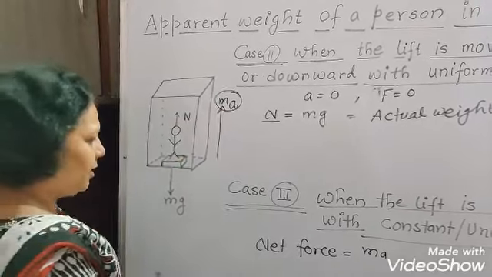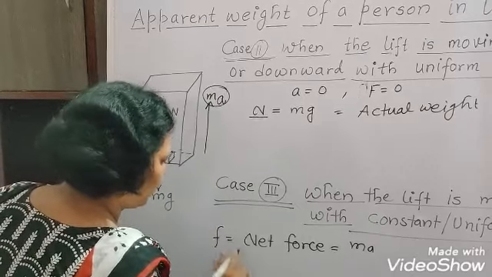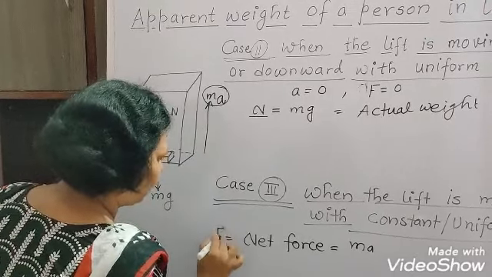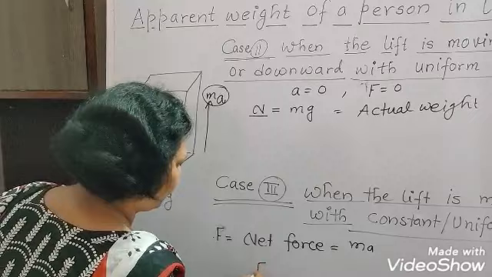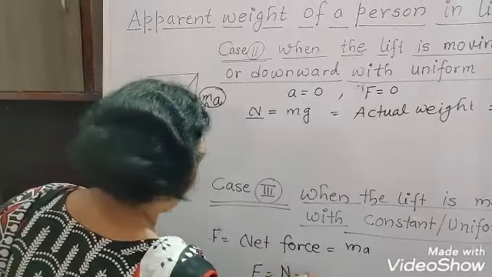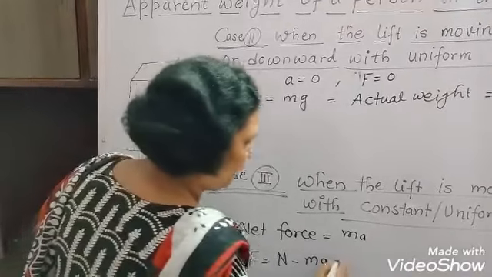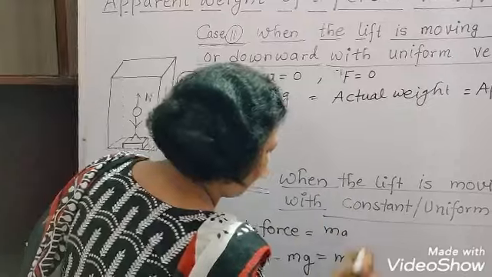So the net force F is equal to N minus mg, and that is equal to ma.